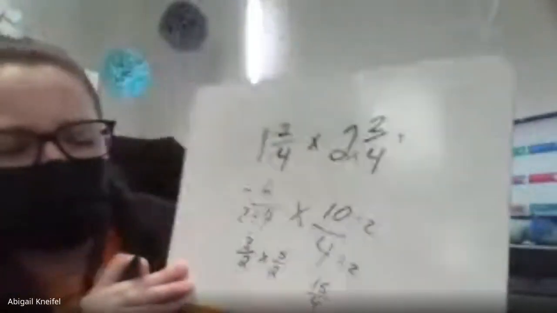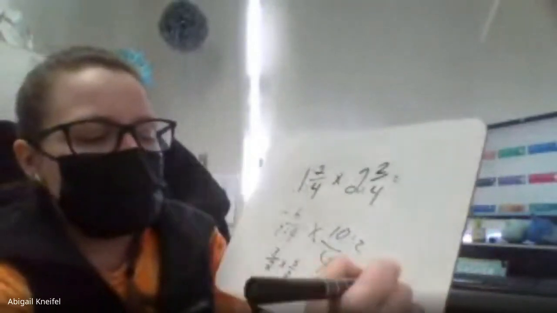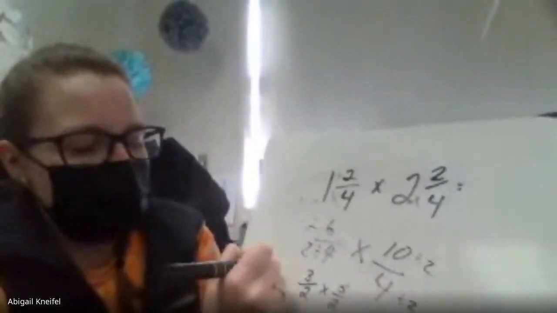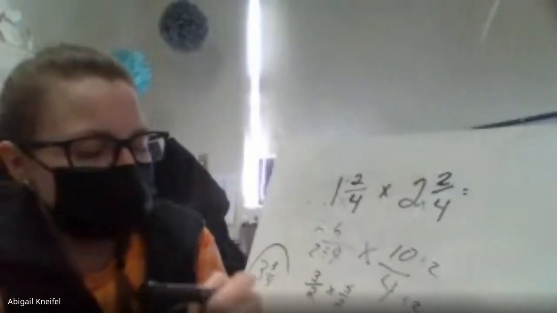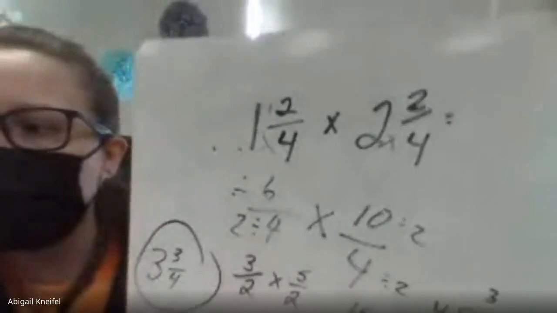That's an improper fraction. We can't leave it like that. We have to divide. 4 can go into 15 3 times with 3 left. 3 and 3/4. 3 wholes and 3/4 should be what we have left.